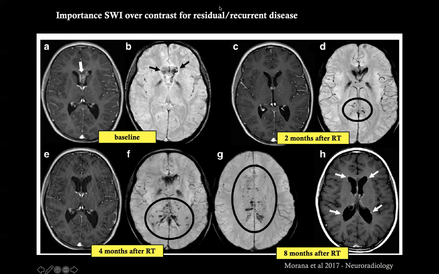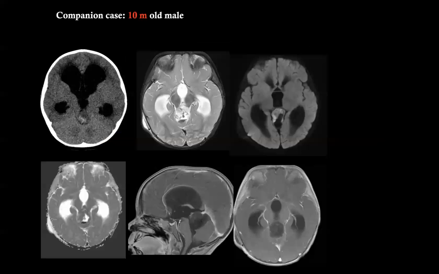There are new areas here. Again, 4 months afterwards, you have this negative post-contrast scan, but SWI showed progression that then only 8 months afterwards shows also corresponding enhancement. So they speculate that SWI can be also useful as monitoring in these tumors.